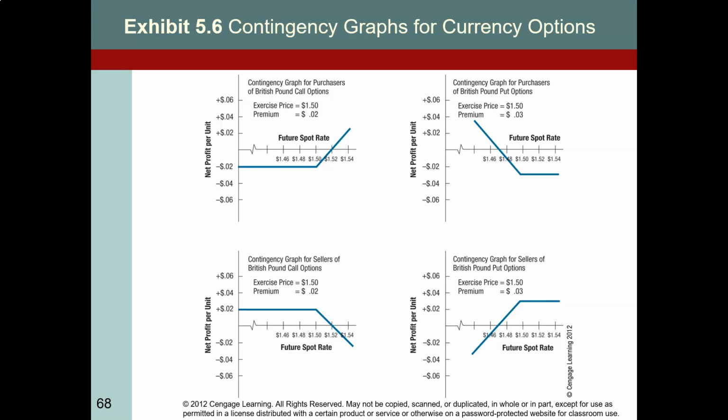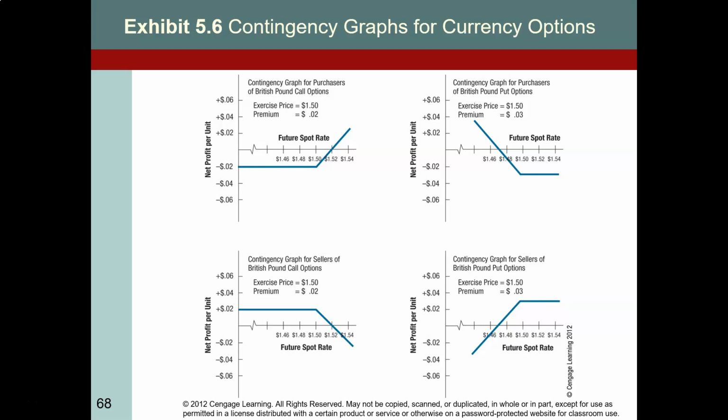But if the future spot rate is lower than 1.5, we're not going to exercise the call option. In this case, we will lose the premium, which is negative 0.02.